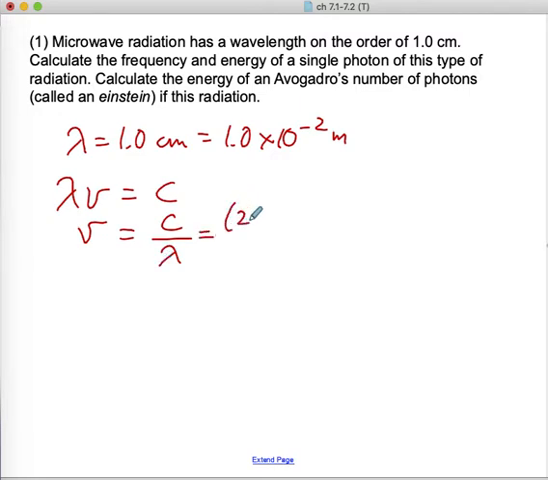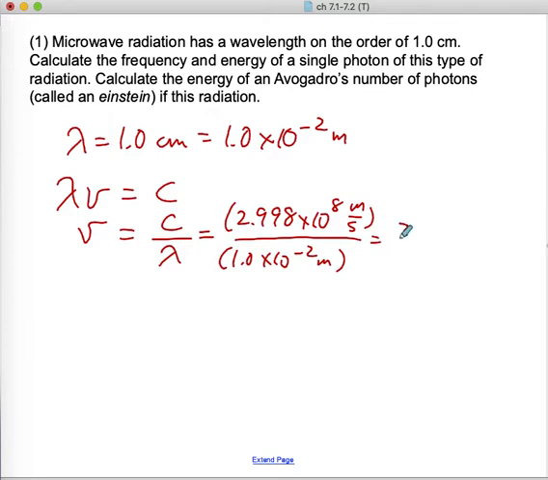I'll plug in 2.998 times 10 to the 8th meters per second, divided by the wavelength of 1.0 times 10 to the negative second meters, and that gives me a value of 3.0 times 10 to the positive 10th, not negative 10th, 10 to the positive 10th, in units of reciprocal seconds as my frequency.